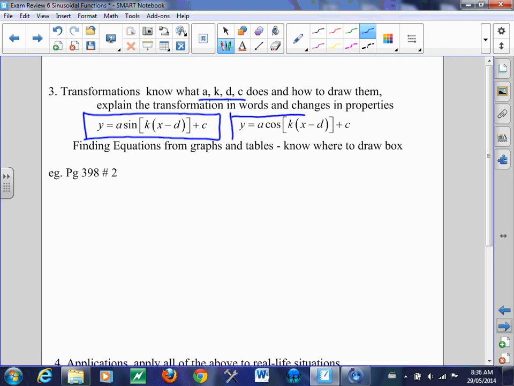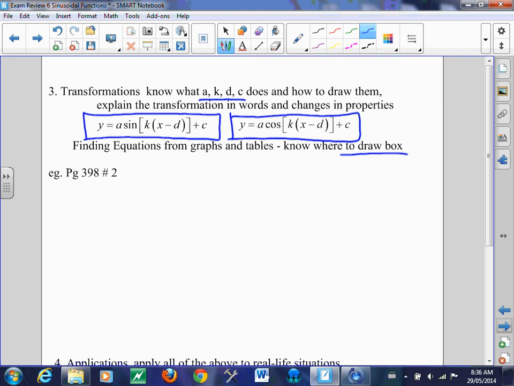It's either going to be cosine or sine. Again, it shows you the placement of A, K, D, and C on both of them. Make sure you know how to find the equations from the graphs and tables and know where to draw the box. That box shows me one wavelength, one cycle, showing your starting point and your ending point.